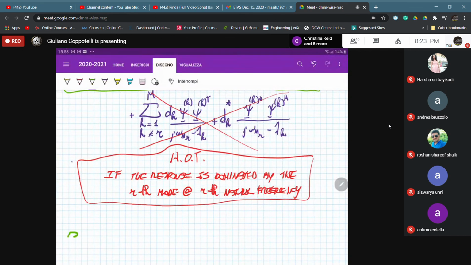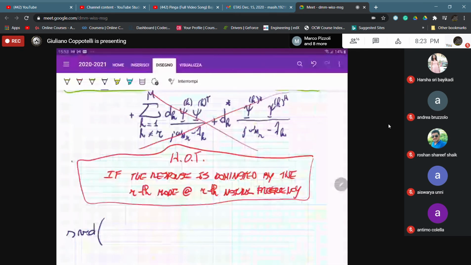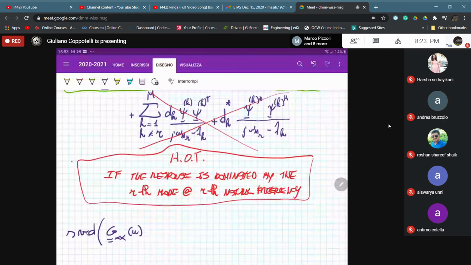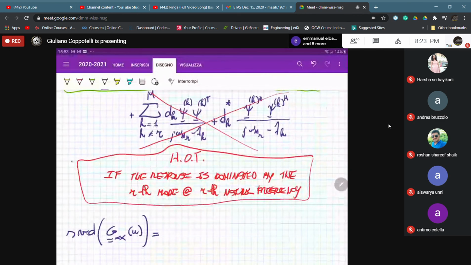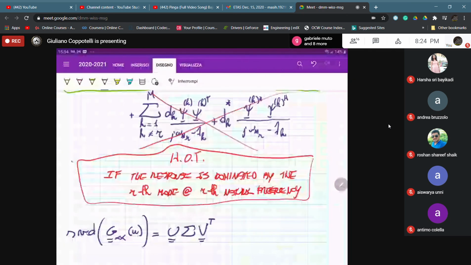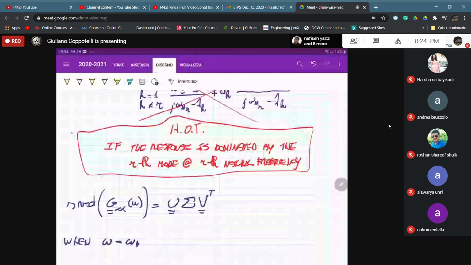singular value decomposition of your Gxx matrix evaluated for each omega could be rewritten as your U sigma V transpose when omega is equal to your r natural frequencies.